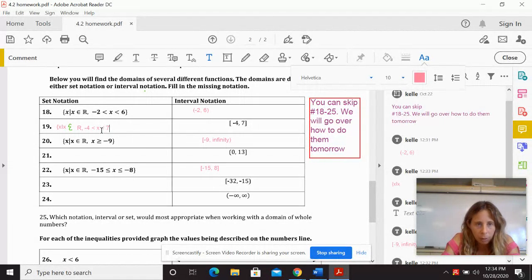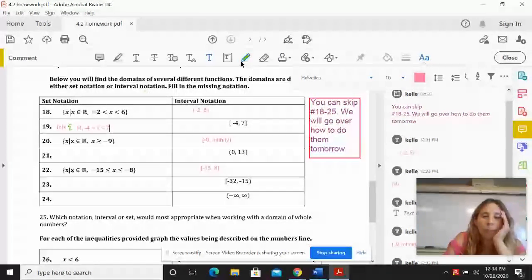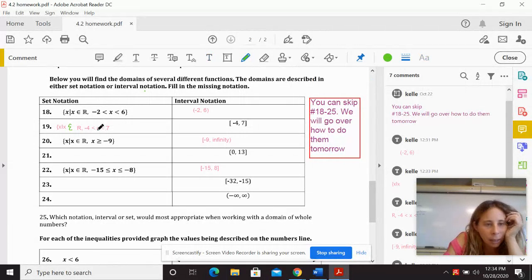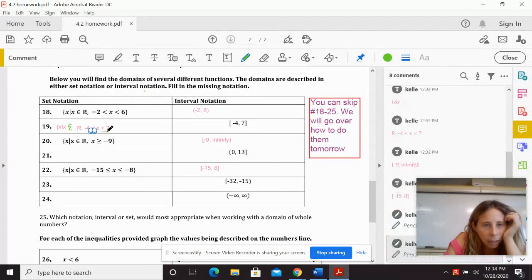I don't have the greater than or equal to signs on here either, so you would draw a little equal sign under it. Beautiful.